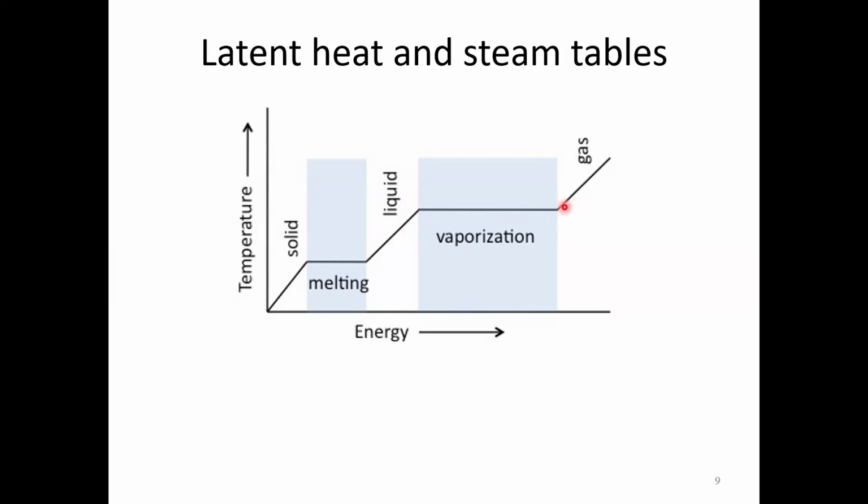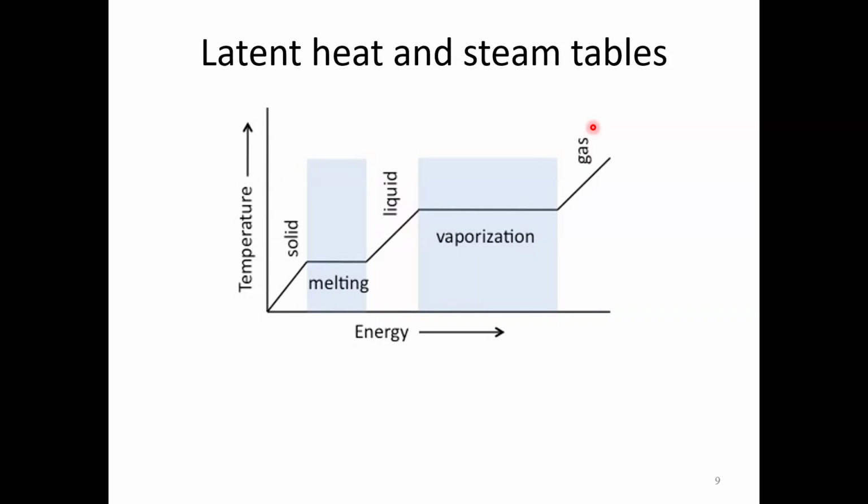All right, but in this process it takes a lot of energy, but there is no temperature change, but it changes phase from liquid to gas, and this amount of energy needed to convert liquid to gas is known as latent heat of vaporization.